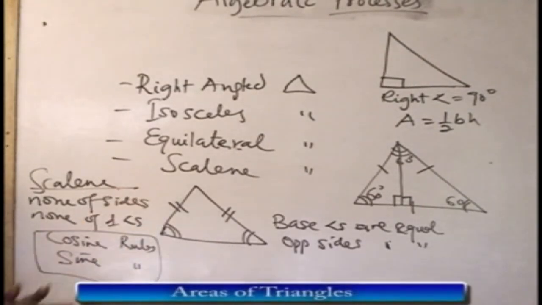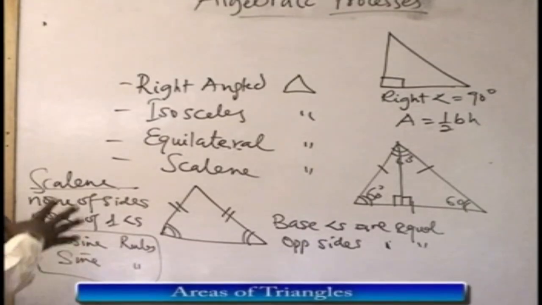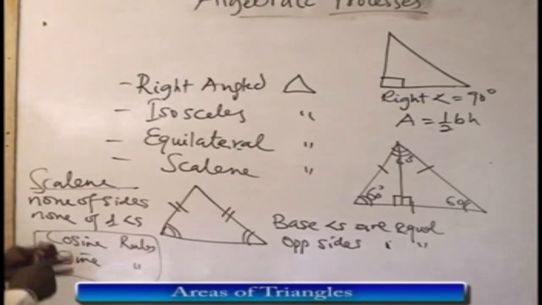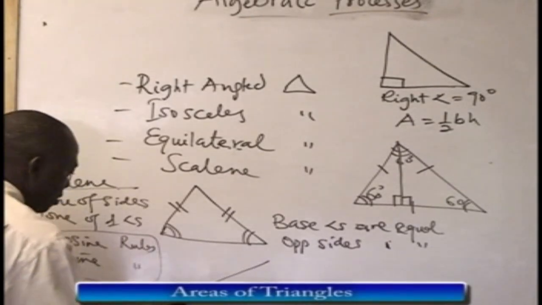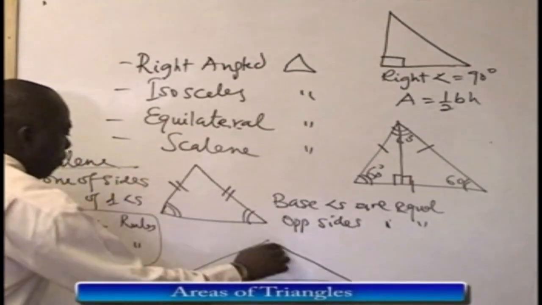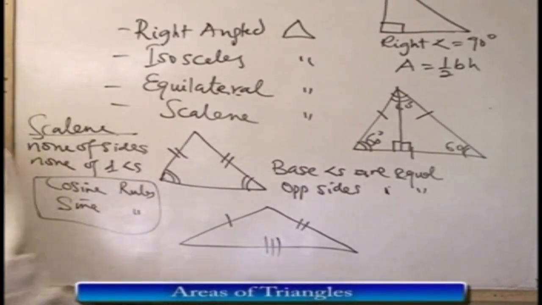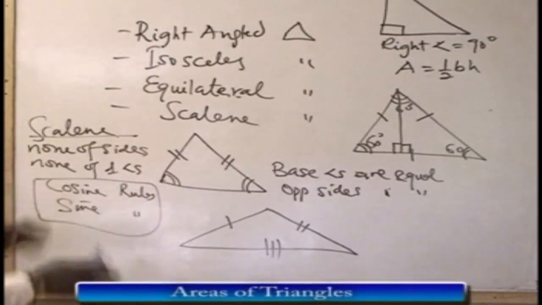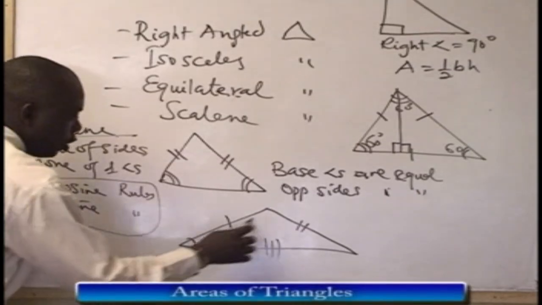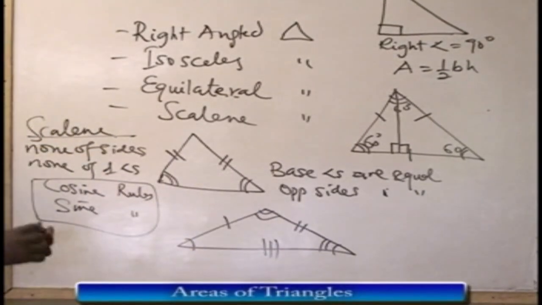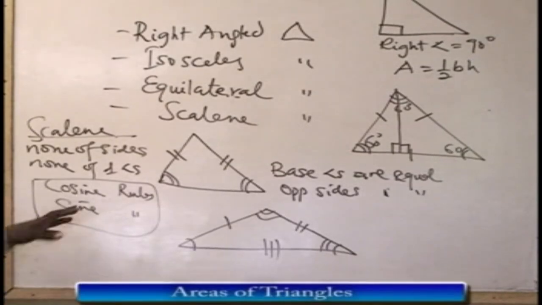Usually, a scalene triangle looks like this. None of the sides are equal, and none of the angles are equal.